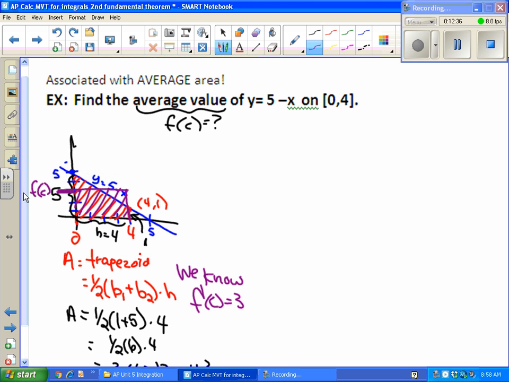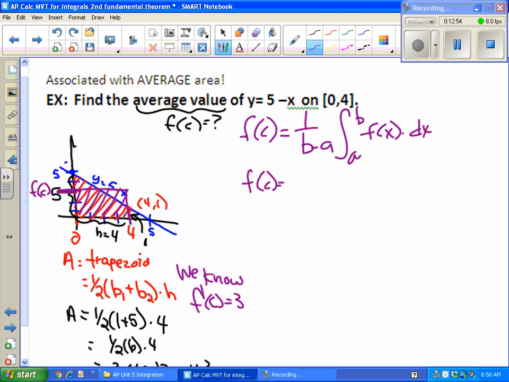So I've tried to start with an example where we know what it is, so we can just apply our math. According to what we just derived, the function is 1 over b minus a, the integral from a to b of the function dx. Let's make sure that we can work it out, and that way we know that if it works for something we can calculate easily, it should work for any figure that we probably can't, like curves.